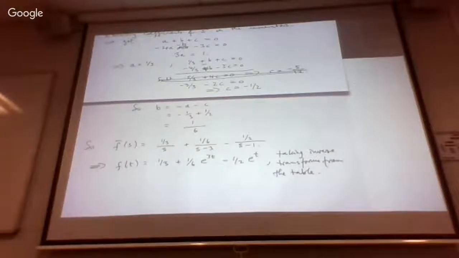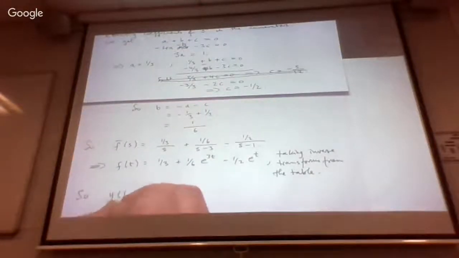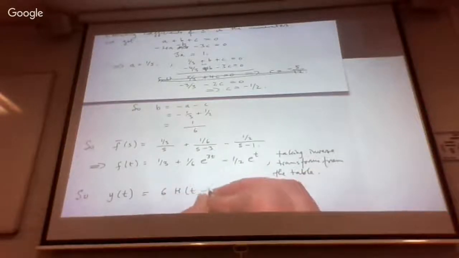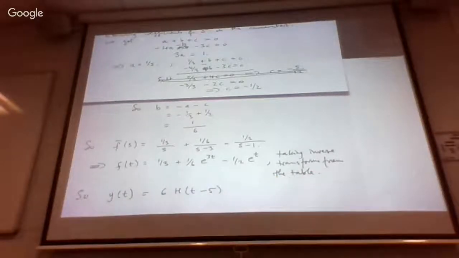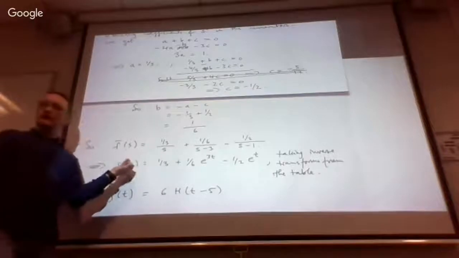So what we want to finish with is presenting our solution to the original ODE. So we go back a few lines. So y of t now, what did we say it was? It was 6 times the Heaviside h of t minus 5 times this f, but not this f, f evaluated at t minus 5.